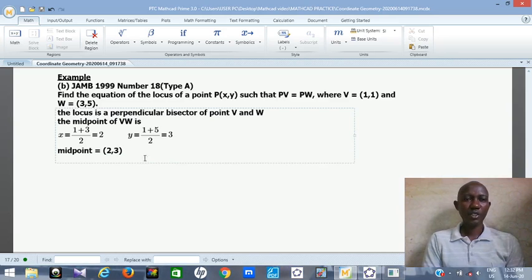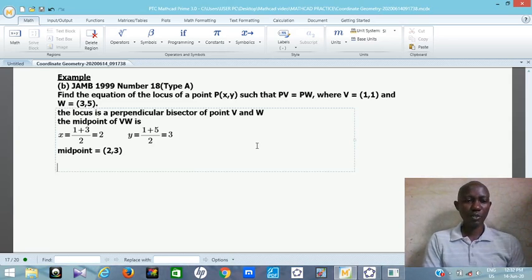Now that the midpoint is known, and remember the line passes through the midpoint, the locus is the perpendicular bisector, and the line whose equation we need passes through this midpoint. The next thing we need is the gradient. So how do we get the gradient of this locus that passes through the midpoint? It is going to be gotten from the gradient of the line VW.